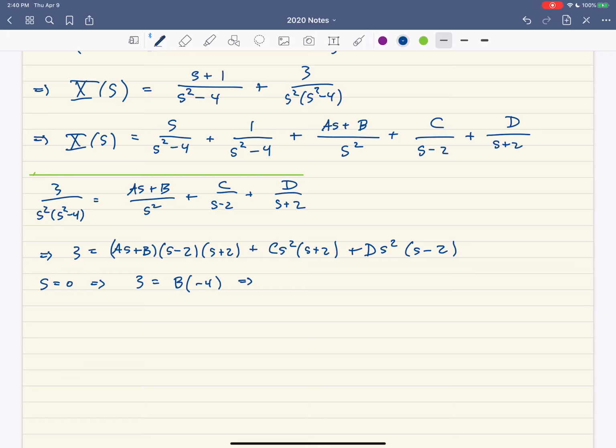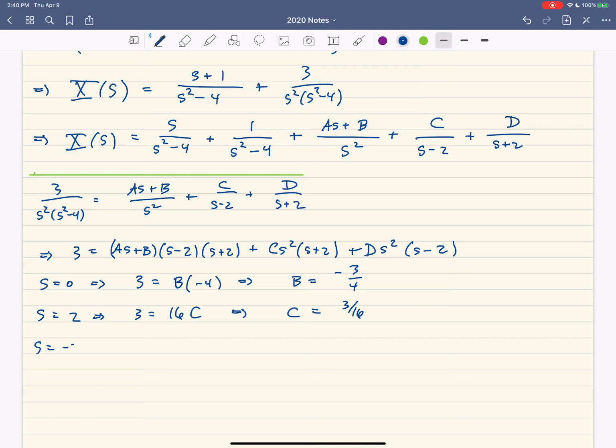So this tells us straight away that b is negative 3/4. If we plug in s equals 2, then everything's going to cancel except for the c term. So that's going to imply that 3 is equal to c times 2 squared times 2 plus 2. So that's 4 times 4, 16c. So c is going to be 3/16.